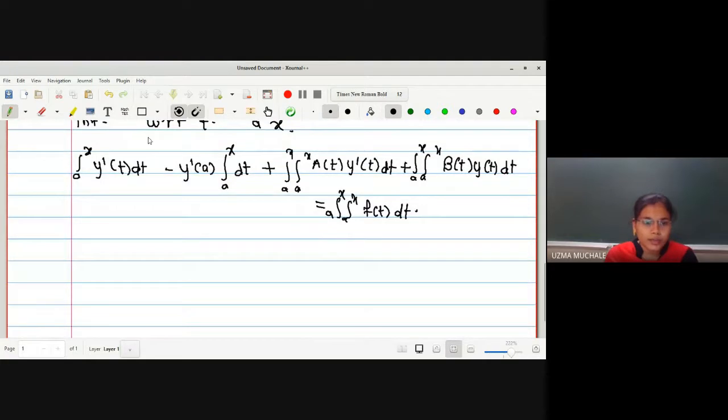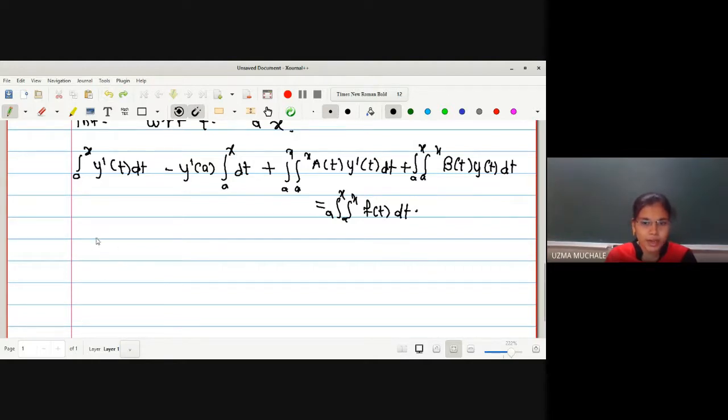Right. Now we have to solve these terms, because again we cannot solve any term from here, and here also we can solve. Integration of dt will be t within the limit a to x. So we can write directly this term as x minus a, and here also let me write directly. It will be y dash of x minus, integration will be simply y, no?